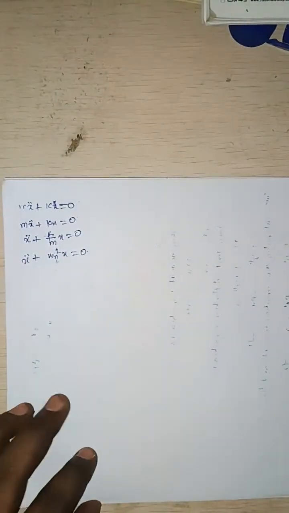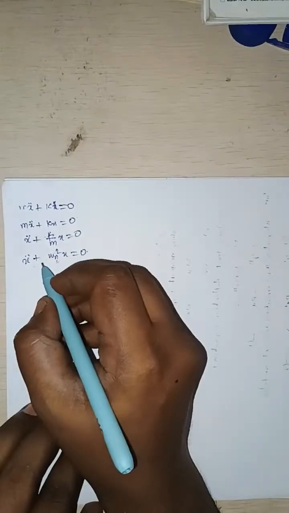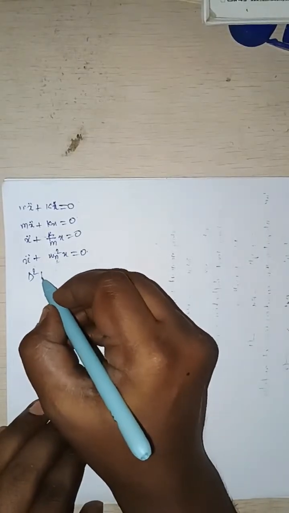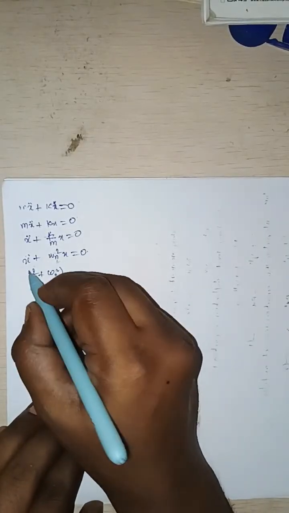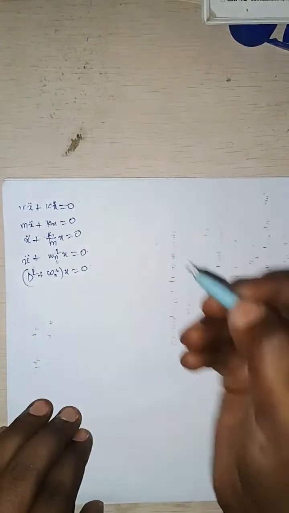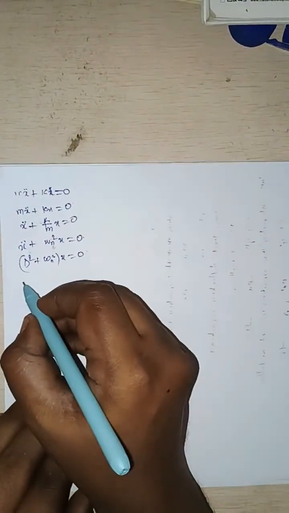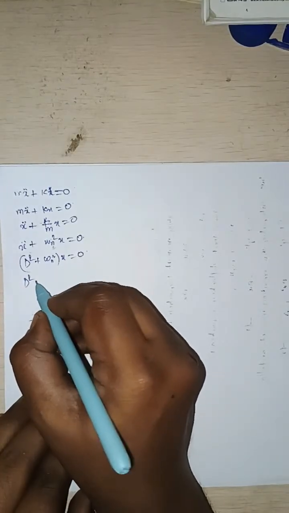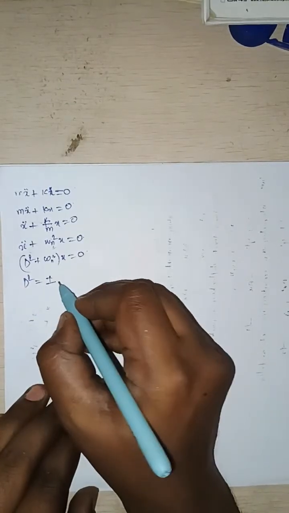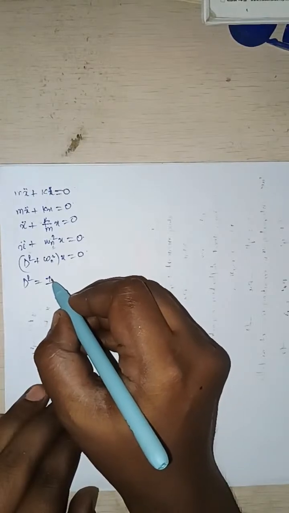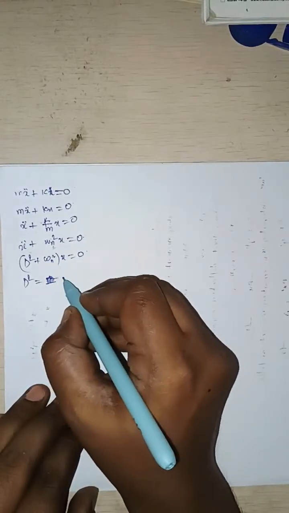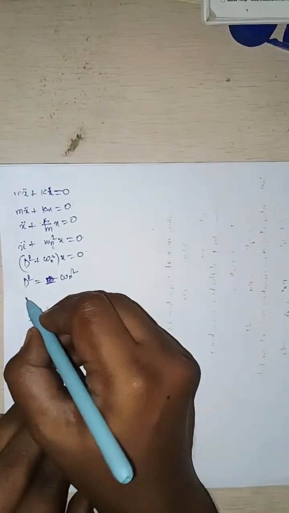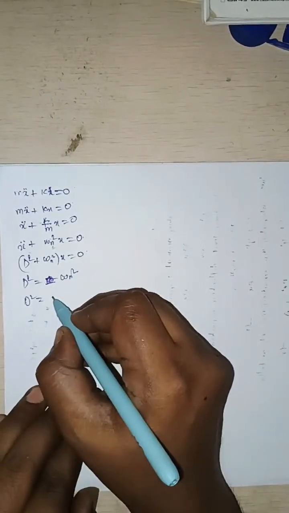Now n square is equal to 0. This is nothing but D square plus omega n square of x is equal to 0. This gives us D square is equal to minus omega n square.